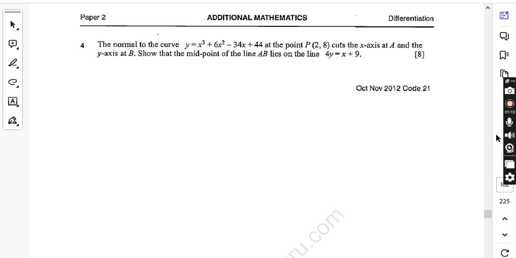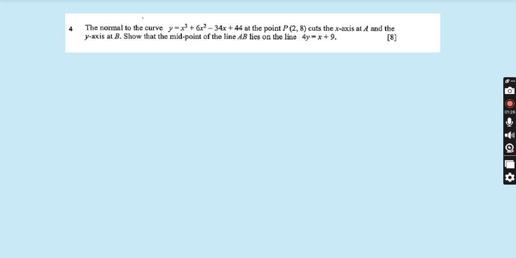This question came in October-November 2012, paper 2-1. Very easy and very important.